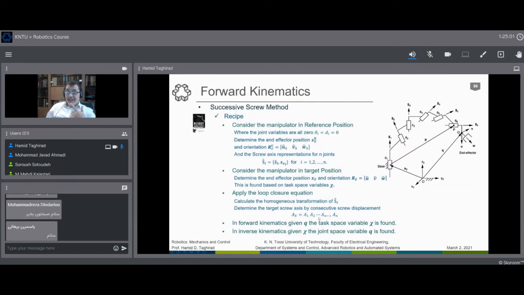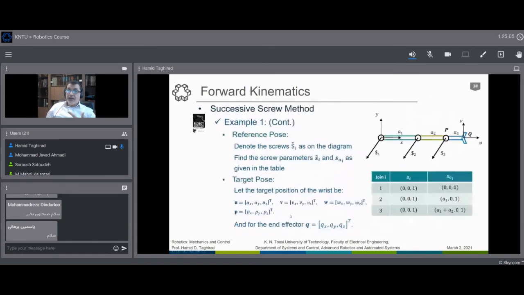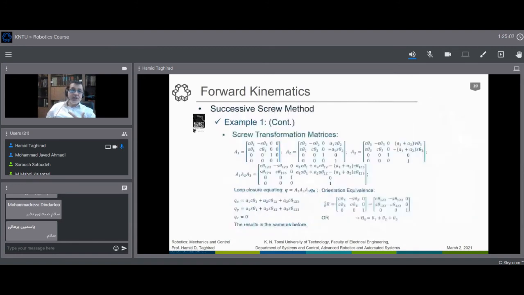In this way, I should add another point that the loop closure is given by this point, that Q is equal to A1, A2, A3 times Q0. P is equal to A1, A2, A3 times P0. If you find this relation to each other, you can get the forward kinematic problem quite easily.